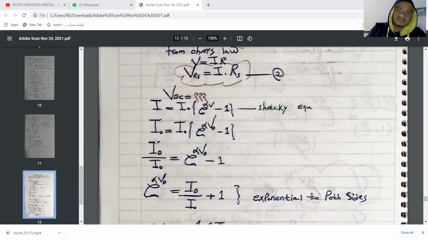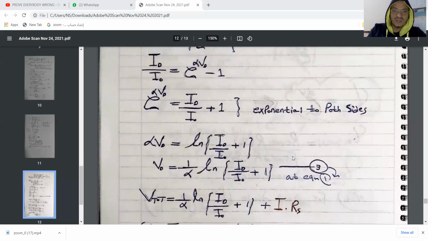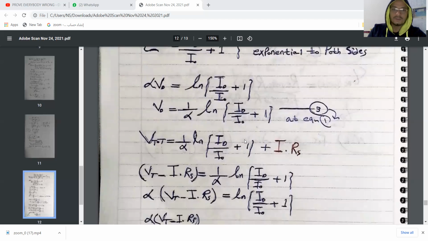That means here ID divided by I naught equals exponential alpha VD minus 1, so exponential alpha VD equals ID divided by I naught plus 1. Taking ln of both sides, alpha VD equals ln of ID over I naught plus 1.